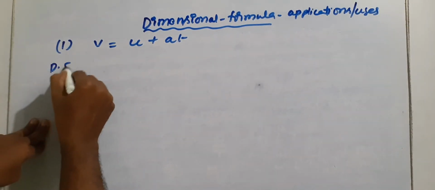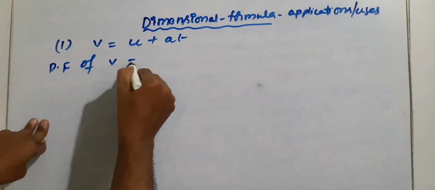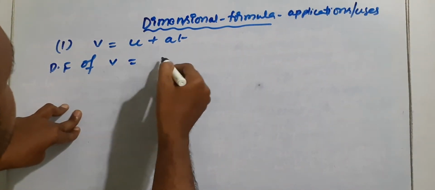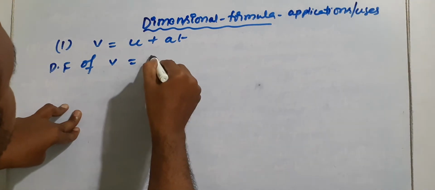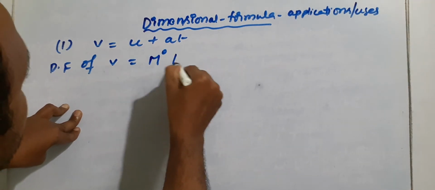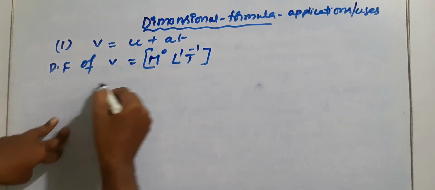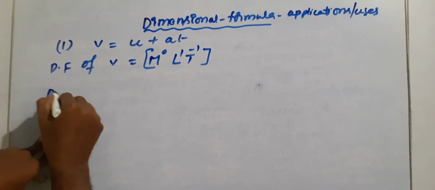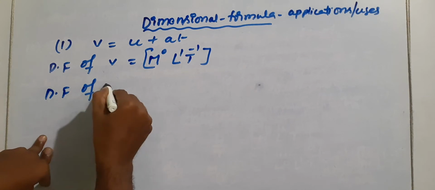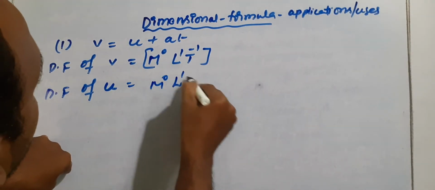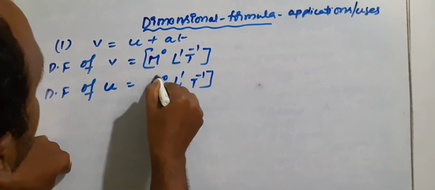Now the dimensional formula of v. You know, v is displacement by time, that is M power 0, L power 1, T power minus 1. This is the dimensional formula of velocity, the final velocity. The dimensional formula of u is also the same, since it is velocity: L power 1, T power minus 1.